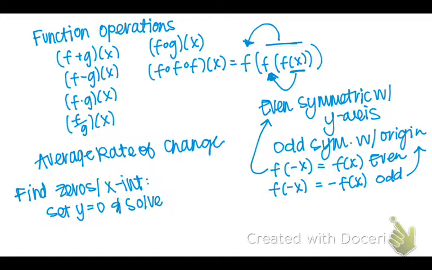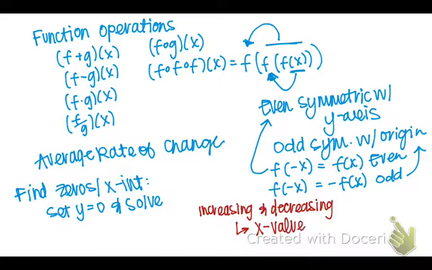Increasing and decreasing. I want to talk about this. This is one thing I see a lot. Make sure you are using the x values, and it's always parentheses. So if you think about some function here, this would be increasing all from like here to here, right?